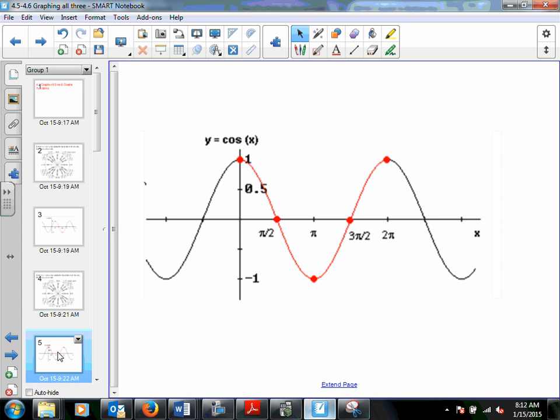Those 5 coordinates are important, but you need to understand that this is going to oscillate in both directions. This pattern is going to repeat over and over and over in the positive and negative direction.